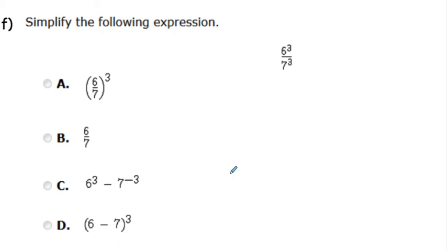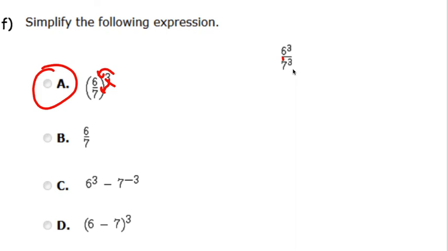So what do you think? Well, the only thing that works here is A, because this exponent of 3 gets multiplied by the exponent of 1 for the 6 and the exponent of 1 for the 7, and that gives you 6 to the 3rd over 7 to the 3rd.